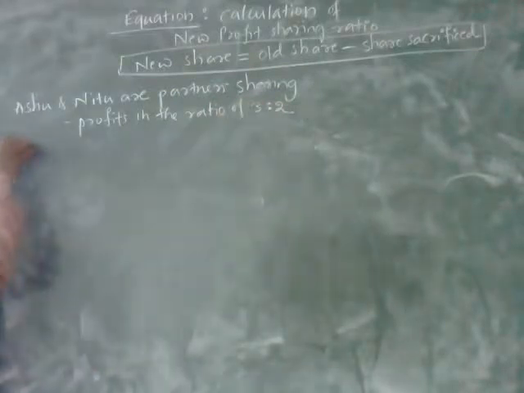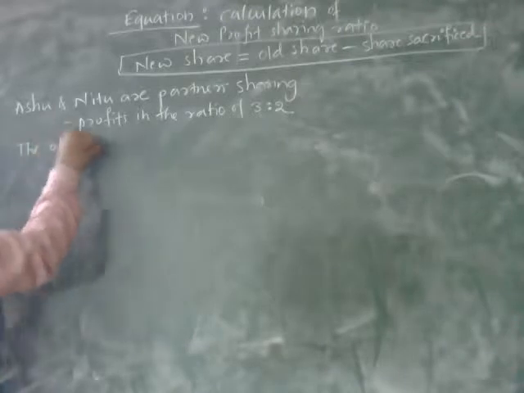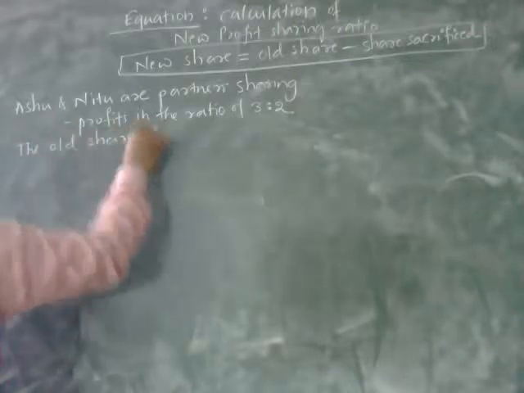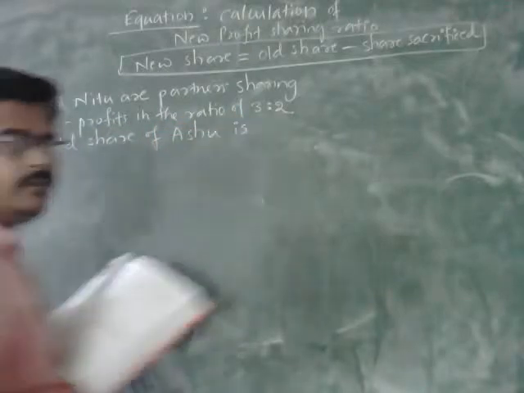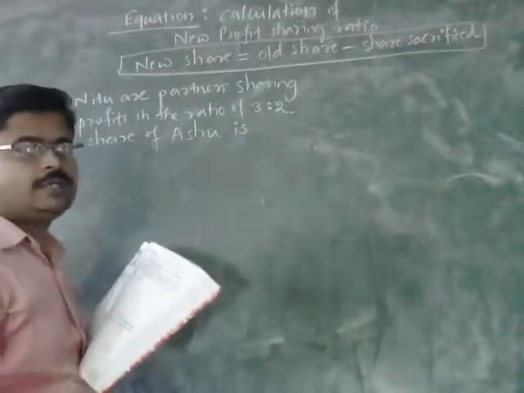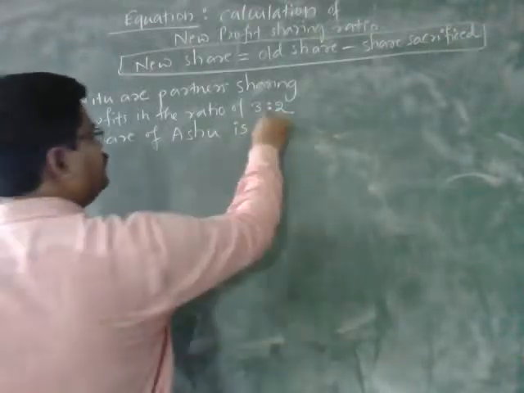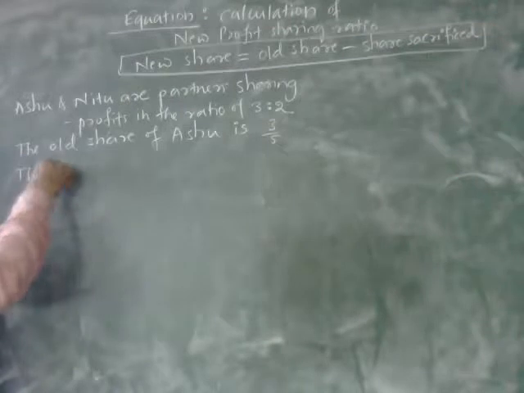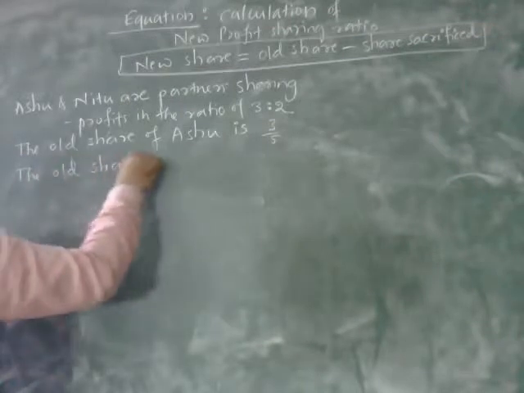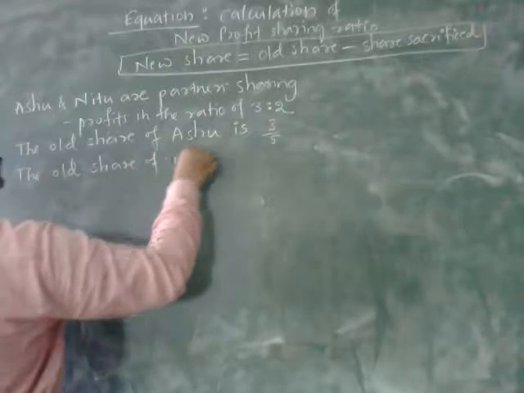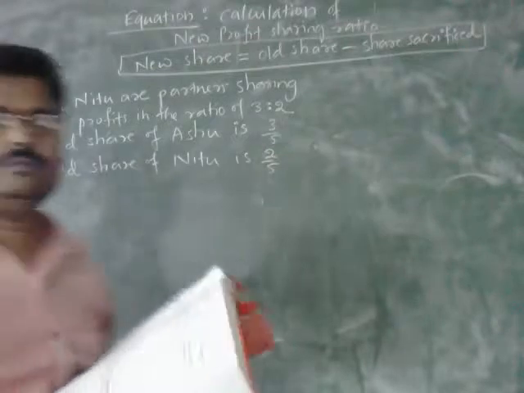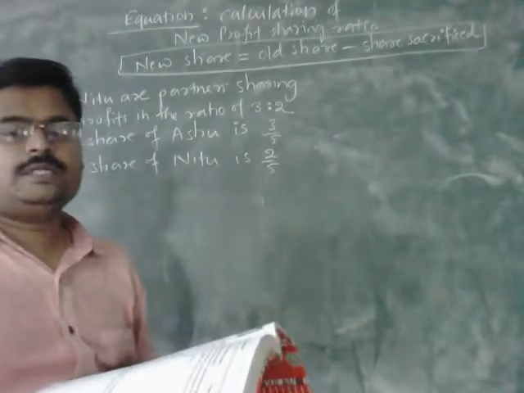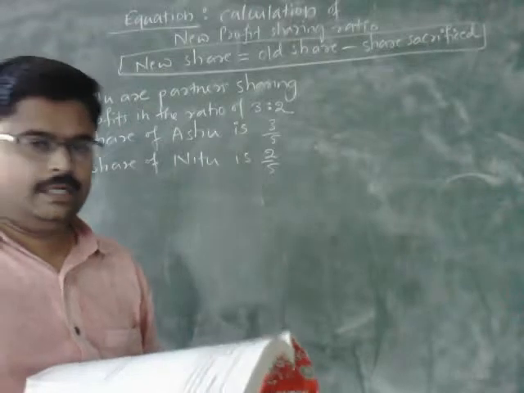Therefore, the old share of Ashu is 3 plus 2 will be 5. Total share is 5 and the share of Ashu will be 3/5. Likewise, the old share of Neetu is 2 by 5. So this is the information relating to the old share.